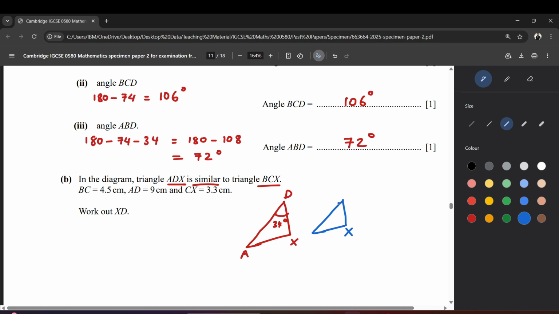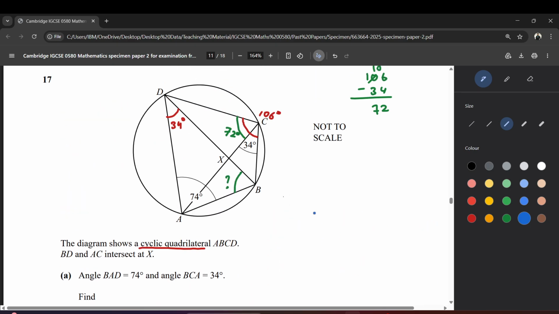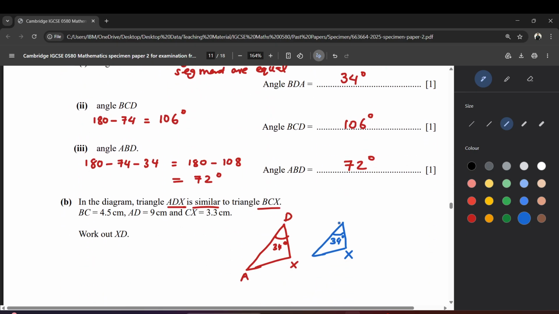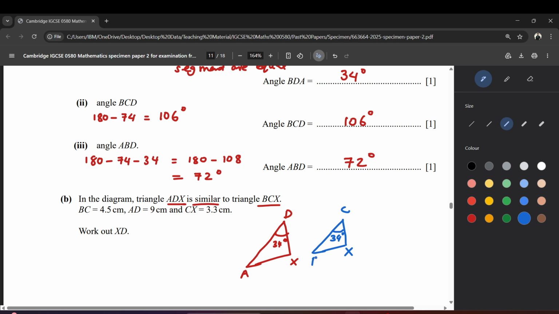I'm not sure which one should be B and which one should be C. I know that this angle is 34, so this angle should also be 34, because they're in the same orientation. If this angle is something, this is also the same angle, and so on. So which one has 34 degrees? You can see the angle at C. So this will be C and this will be B.